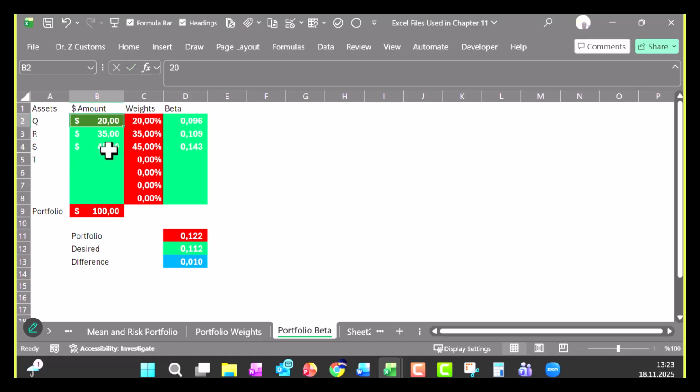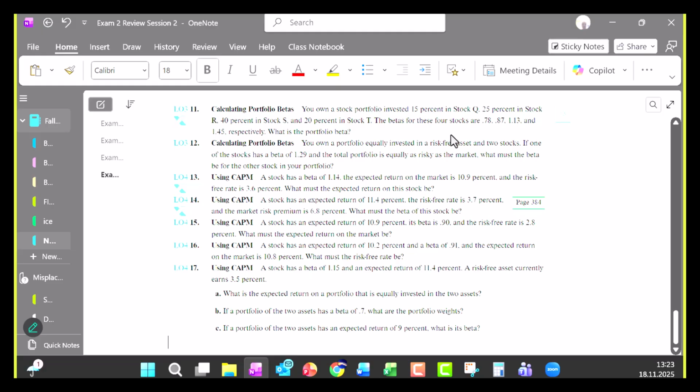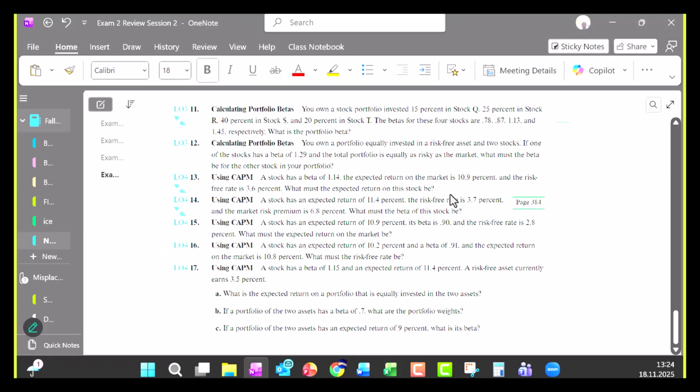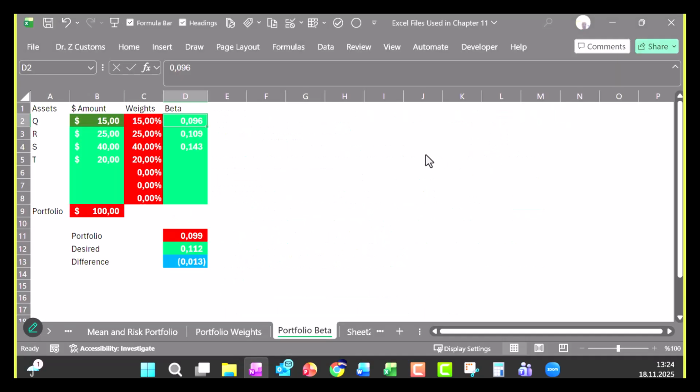My amounts are 15, 25, 40, and 20. Weights are automatically calculated. Betas are 78, 87, 113.